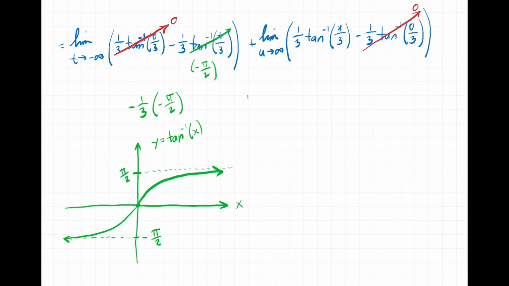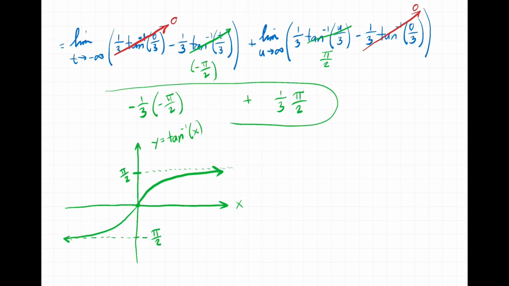Now plus the next part. What happens as our u goes to infinity? Well, if u goes to infinity, then u over 3 is still going to infinity. And that means that our inverse tangent of something that goes to infinity is going to be positive pi over 2. So we have a plus 1/3 of pi over 2.